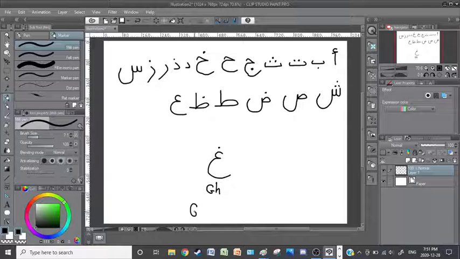So the word ghoul, for example, is written ghoul, but it should be pronounced with the GH sound. Unfortunately, it is not used in English because the letter does not exist in the Latin alphabet. So I will leave it there as a reminder, but the letter is called Ghayn.